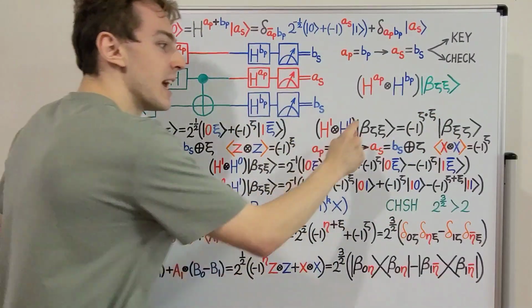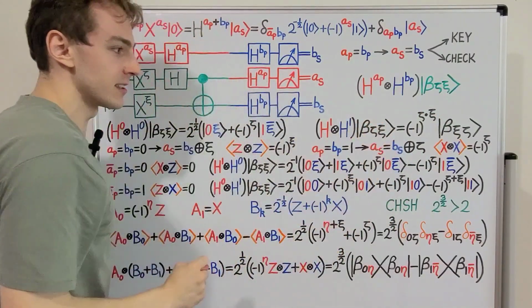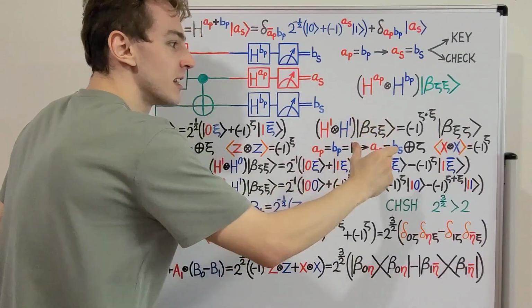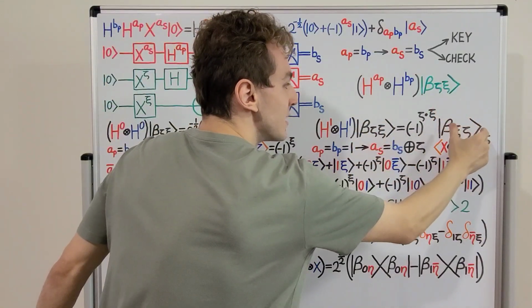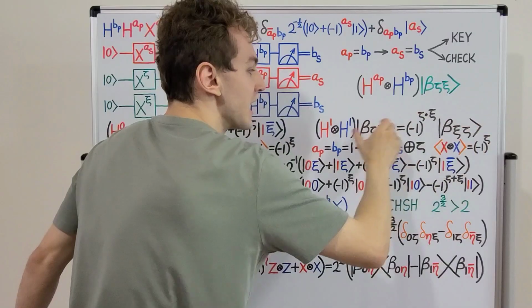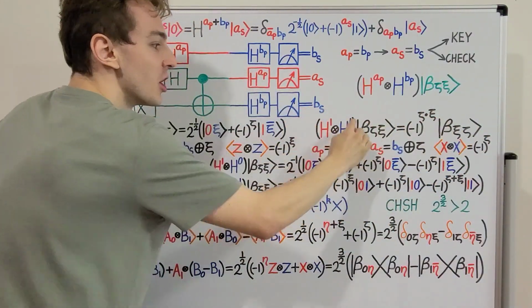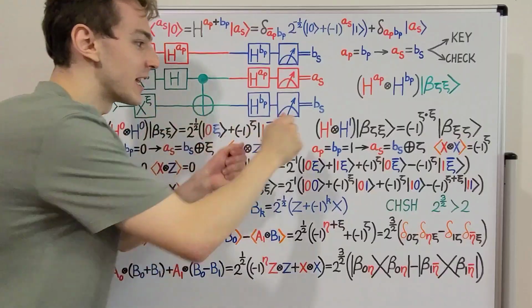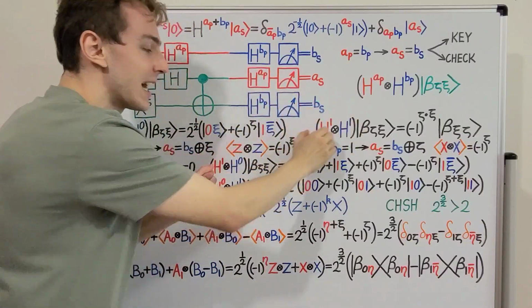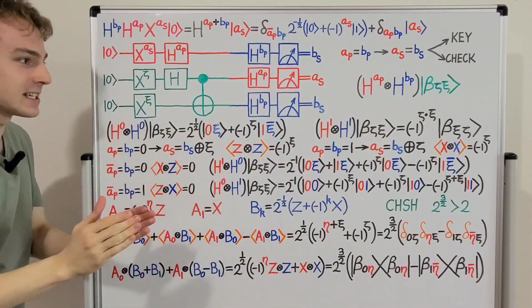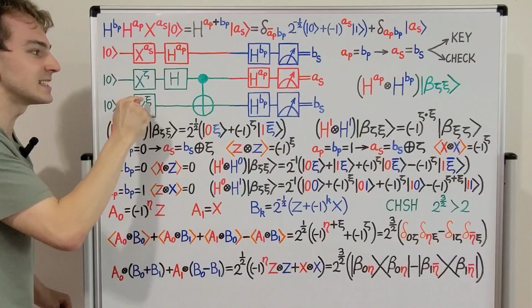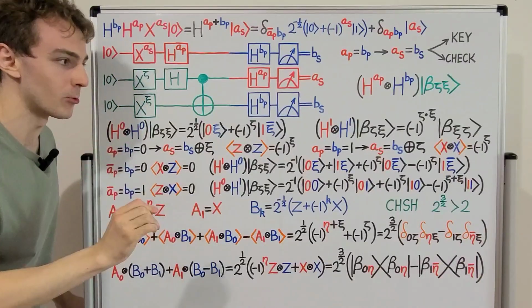So what happens to the beta 0, 0 state? The beta 0, 0 state is mapped to beta 0, 0. So it is unchanged by the action of both of these Hadamard gates. If we apply both of these Hadamard gates, we still have the same state, assuming that zeta and xi are both set equal to 0.